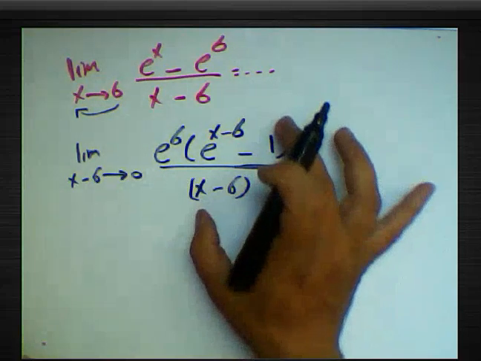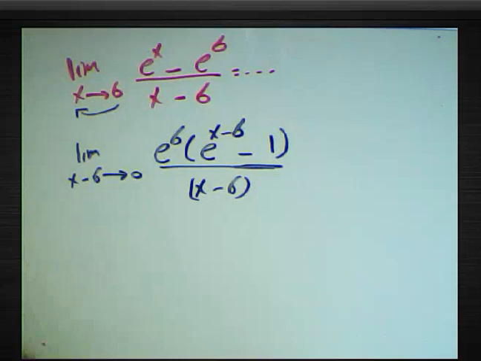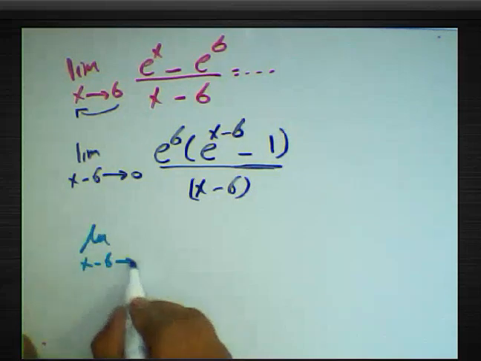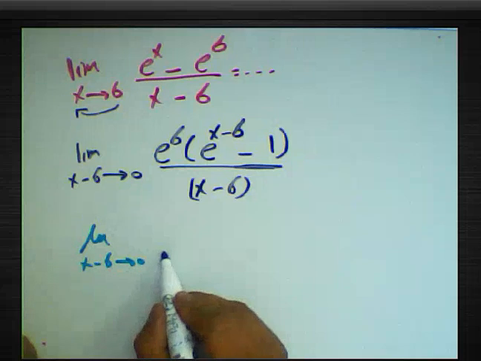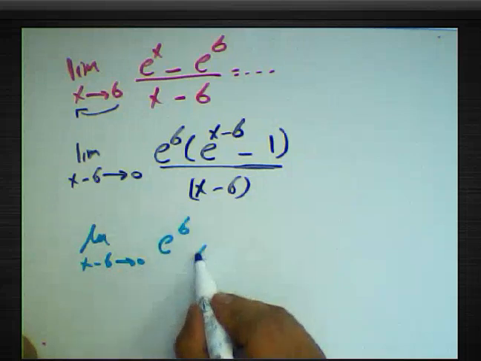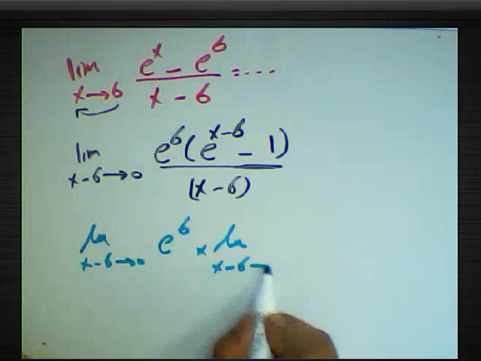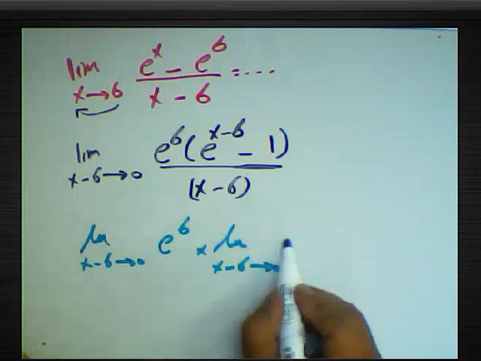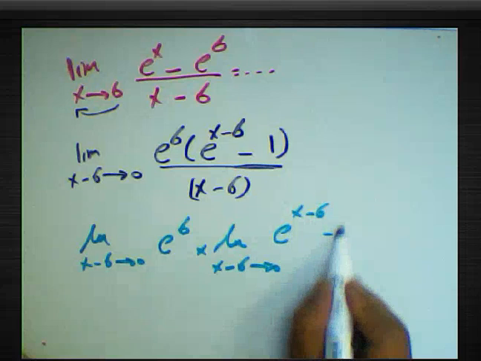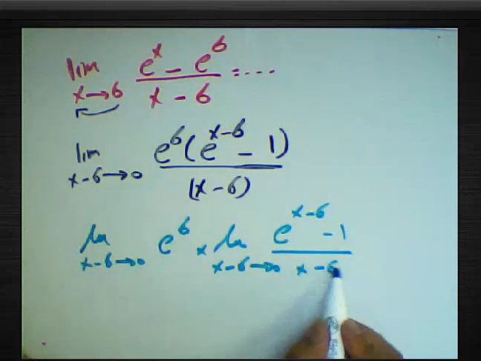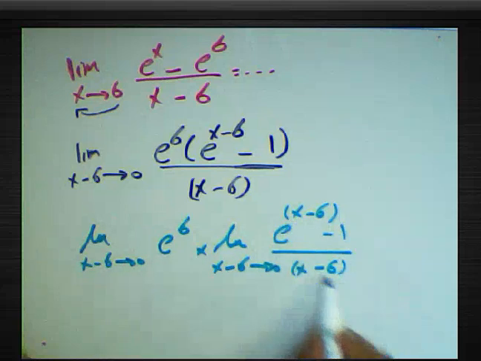Look at this rule. If you put limit when x minus 6 approaches 0 of e to the power 6 multiplied by limit when x minus 6 approaches 0 of this function, e to the power x minus 6, minus 1 over x minus 6. The result here will be what?